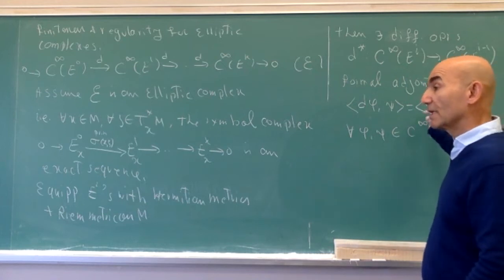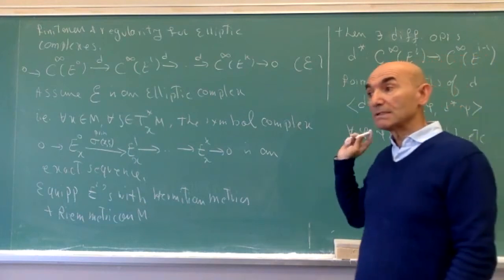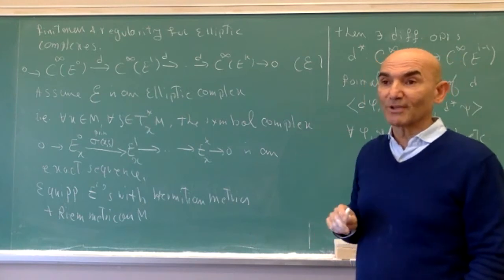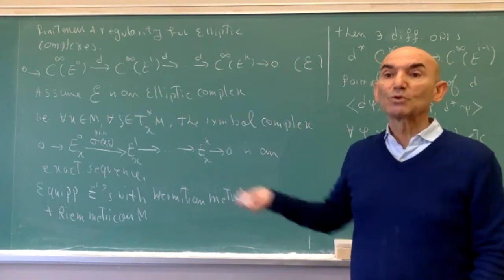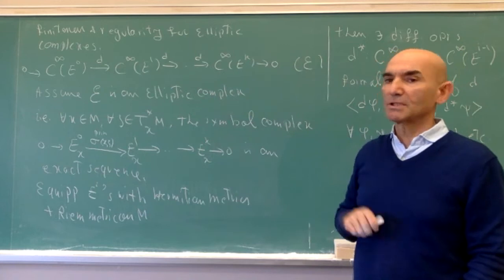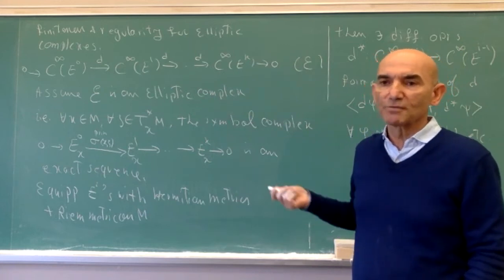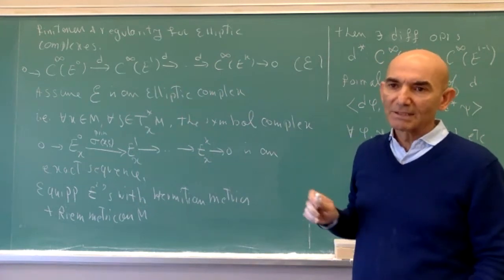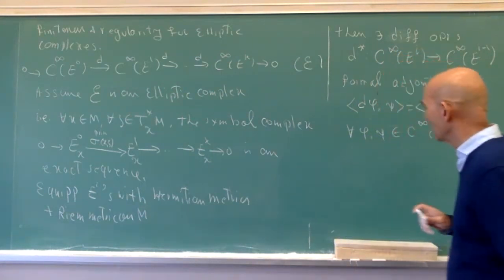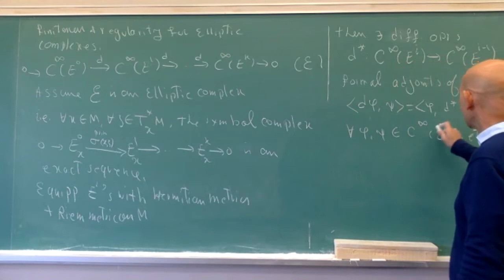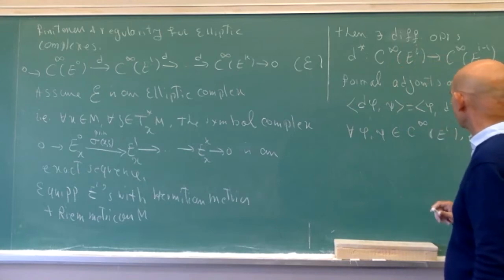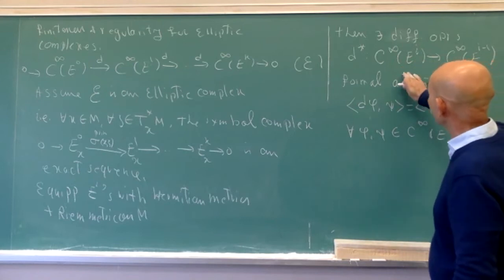It's also very important to realize that this star is actually a differential operator again. Abstract theory doesn't give you a proof that this star is differential. So one has to be aware of this issue, but this can be handled. That's not a problem.